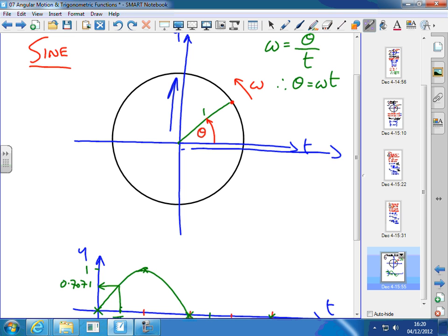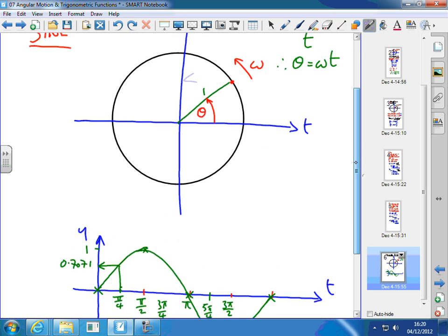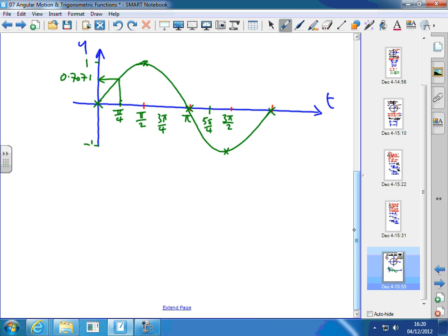And that's useful because this could be a voltage produced by a generator, or some sort of rotating force. We can find out the magnitude of the force in the y plane for any time, because eventually we've got a formula that we can use to calculate it.